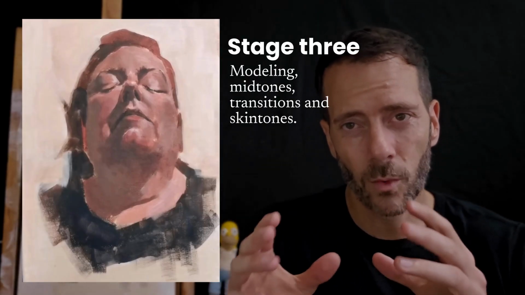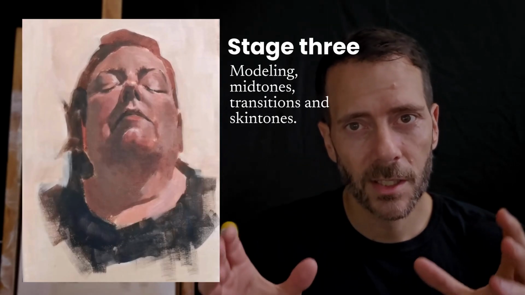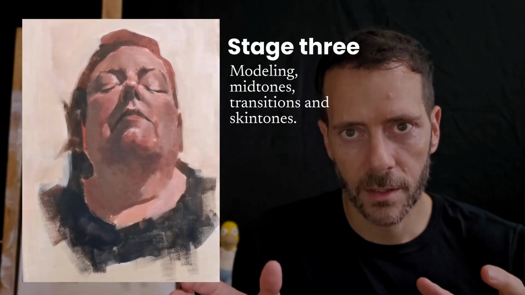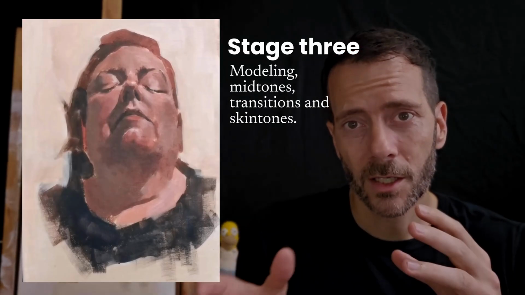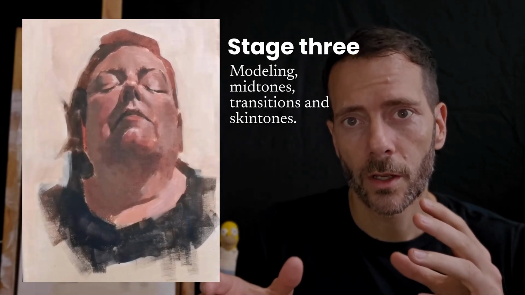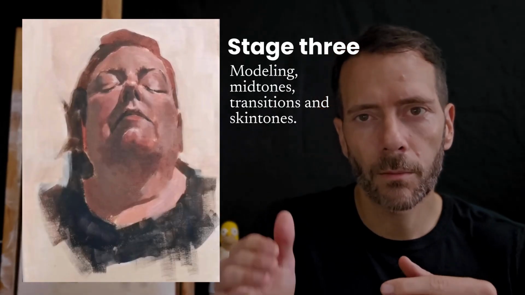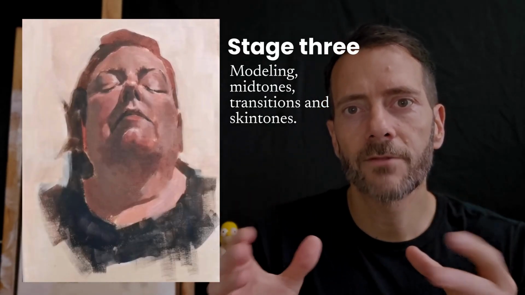Skin is never one flat color. Cheeks, lips, and nose often carry warmer reds. Forehead and jaw can shift cooler and more neutral. Shadows cool down, but often pick up warmth from reflective light.